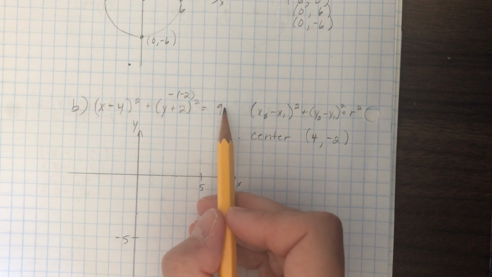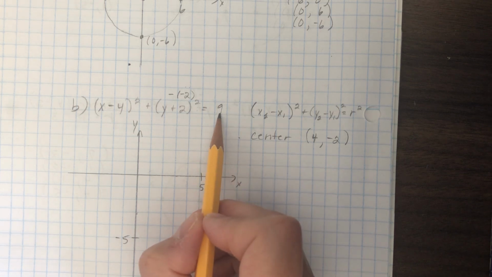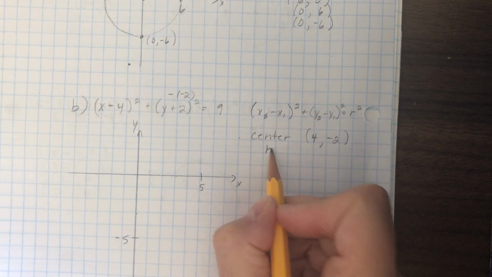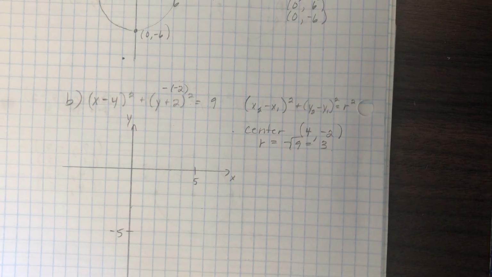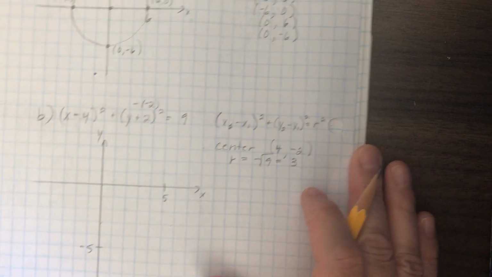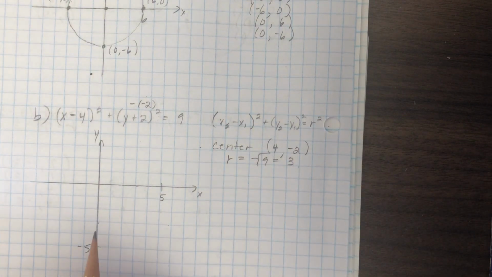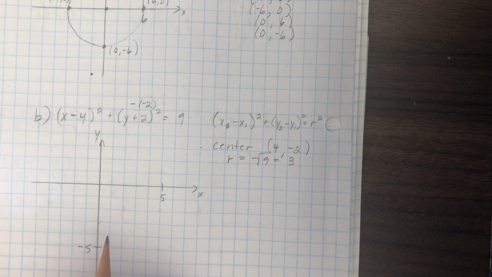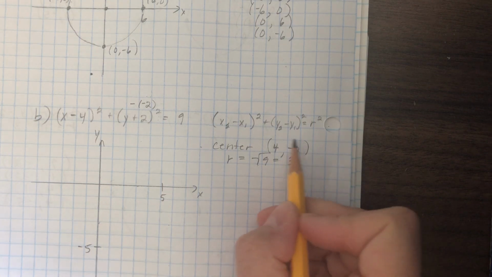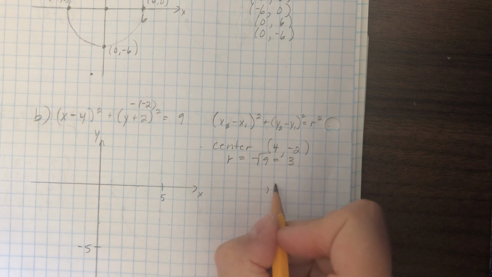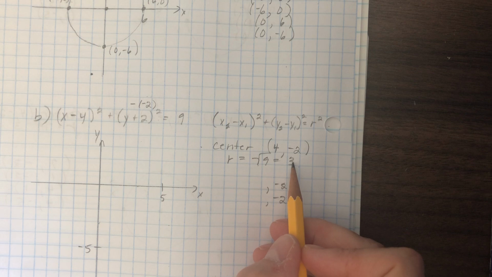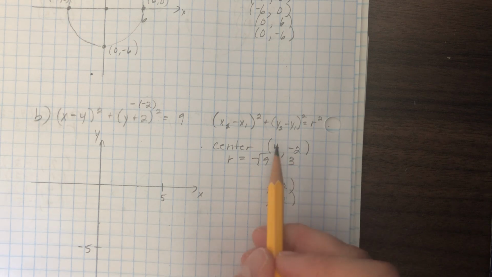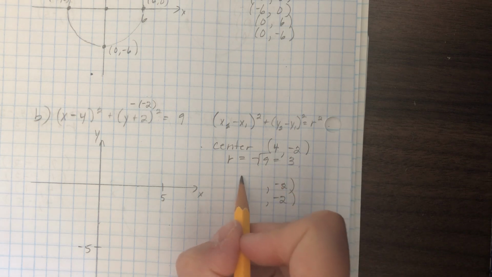The radius, again, can be found from the number on the right-hand side of the equal sign. Since the radius squared is 9, the radius would be 3, which is the square root of 9. Now, we can determine the points with the highest and lowest x coordinate by simply writing down a y coordinate of negative 2, keeping it as negative 2, and then adding the amount of the radius, which is 3, to this x coordinate of 4, and then subtracting it from 4.